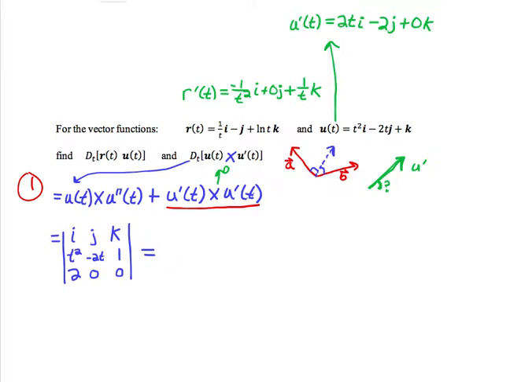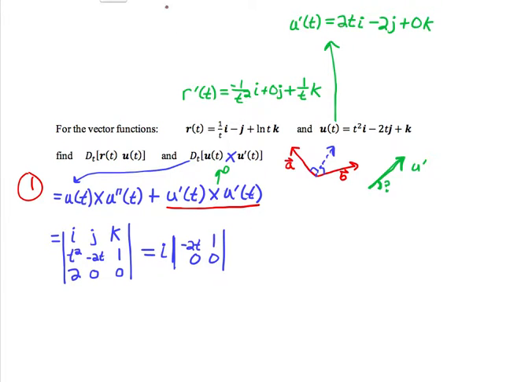So then you're going to eliminate rows kind of like this for the first one, right? So that's going to give me i times negative 2t, 1, 0, 0. And then plus, oh, but it's not plus.